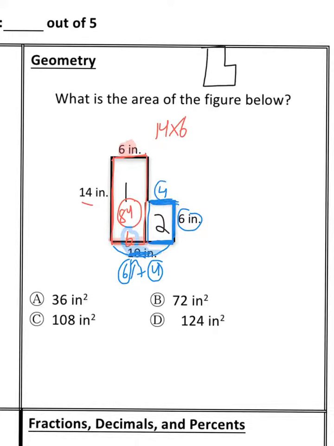So now that I know this is 4 and this is 6, I can multiply those and get 24. So the red rectangle has an area of 84. The blue rectangle has an area of 24. If I add those together, I get 108 square inches, which is C. We'll be doing these for a while, so you'll get used to them, but they are tricky.